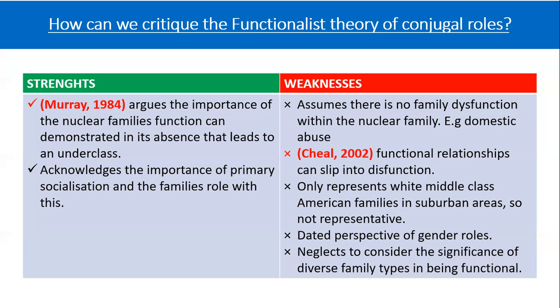As well, functionalists are seen as not being the most representative, only presenting the perspective of 1950s suburban America. It can be quite dated and fails to consider the significance of diverse family types in being functional. So I'll leave that on there. Ideally, you want maybe one strength and one weakness to highlight.